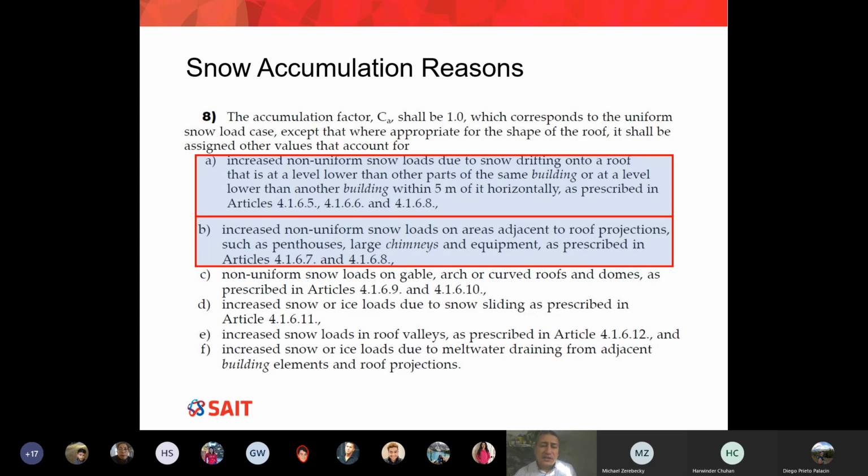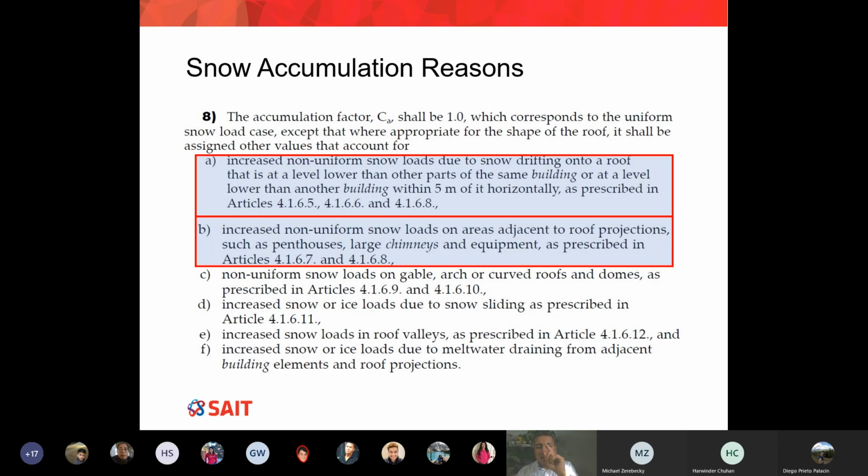It says here, such as penthouses, large chimneys, and equipment. Something also the parapets. Around the roof, typically we build the roofs with parapets. The function of the parapet is simply to hide the mechanical units behind it. Those are the two reasons I'm going to teach you in my class.